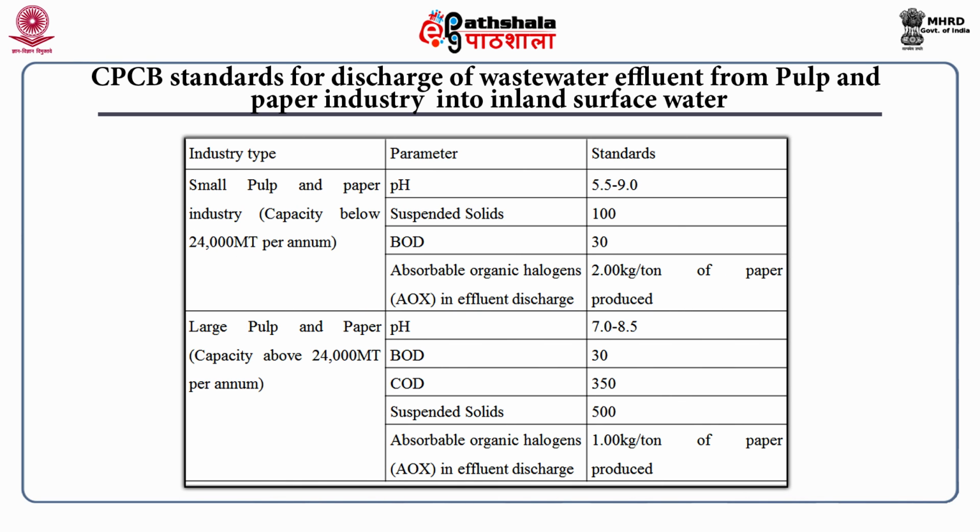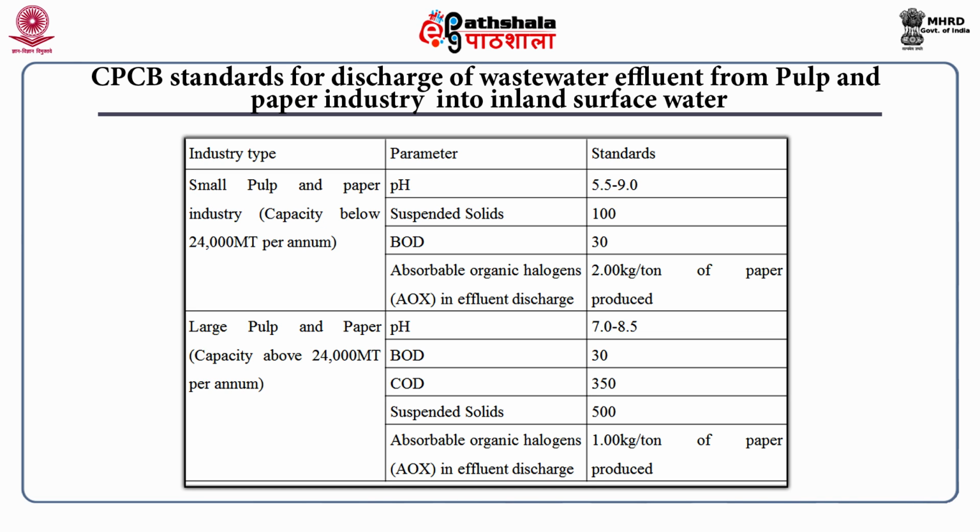This table shows the CPCB standards for discharge of wastewater effluent from the pulp and paper industry into inland surface water. There are different standards for small pulp and paper mills having capacity below 24,000 metric ton per annum and different standards for large pulp and paper mills having capacity more than 24,000 metric ton per annum. Let me discuss the standards for small pulp and paper industries.